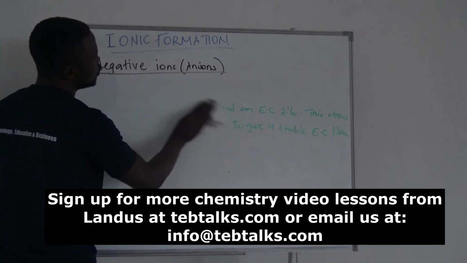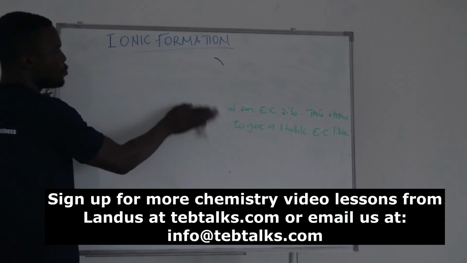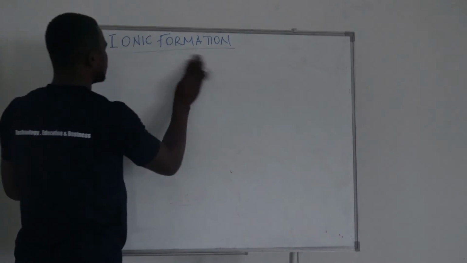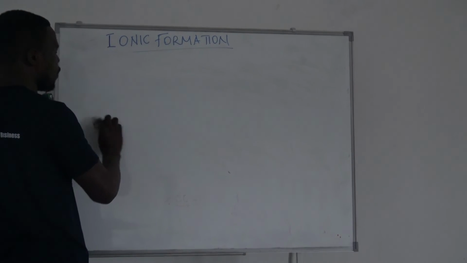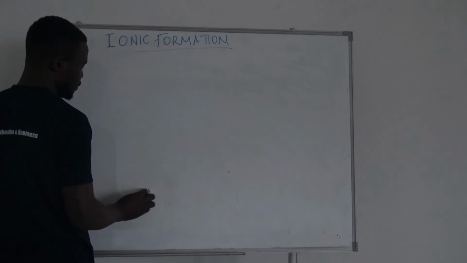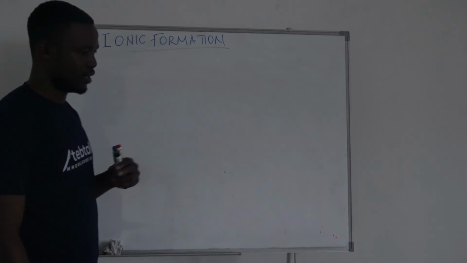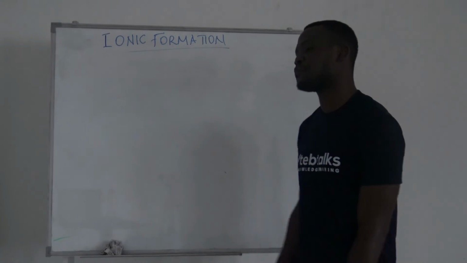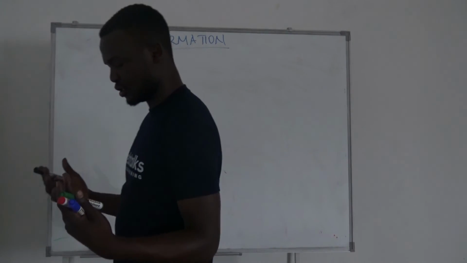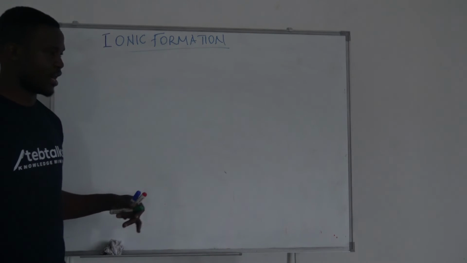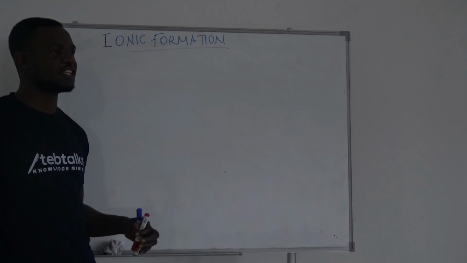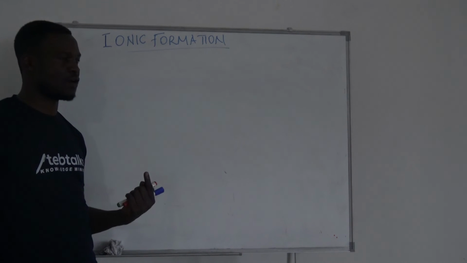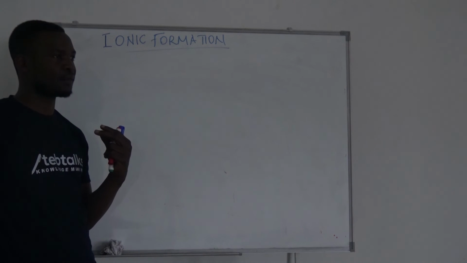We said an ion is formed when an atom gains or loses electrons. So an atom can be single or they can be chemically combined.